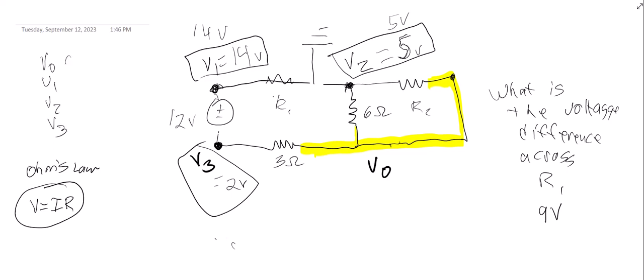So V0 originally was 0, V1 was 14, V2 was 5, and V3 was 2. So now I have made V2 0. Now if I look at my relative voltages, V1 has to be 9 more than V2. So if V2 is 0, then V1 has to be 9.